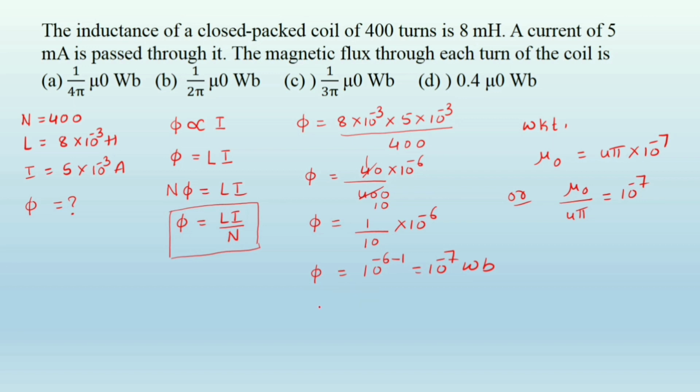So 10 raised to minus 7 means mu naught divided by 4 pi, and the SI unit is Weber. So phi equal to mu naught by 4 pi Weber is the right answer, that is option A.